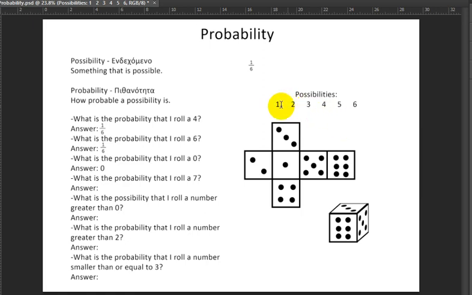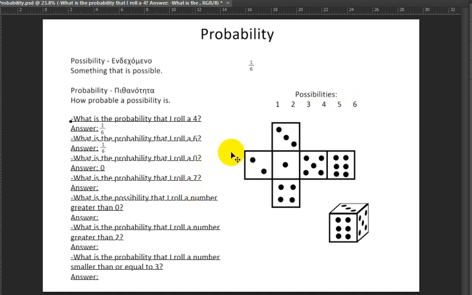And the answer is 0. There is no possibility in which we roll a 7. We can either roll 1, 2, 3, 4, 5, or 6. There is no possibility of rolling a 7, at least not with this die. So the answer here should be 0, because rolling a 7 is impossible.